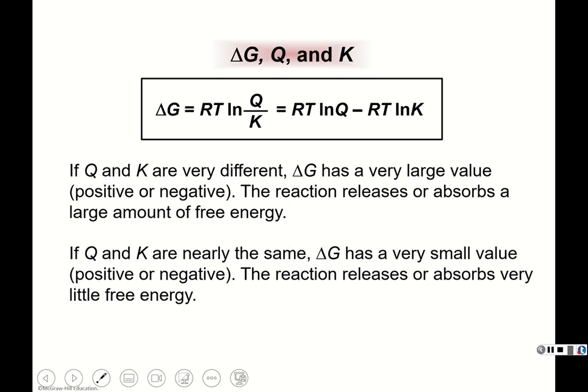If Q and K are very different, delta G is going to have a large value, either positive or negative depending on which one is bigger. And that means that the reaction releases or absorbs a large amount of energy. If Q and K are about the same, delta G is going to be very small.